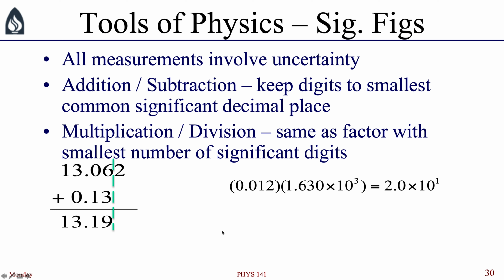On the other hand, if you are multiplying or dividing two numbers, then your answer should have the same number of significant digits as the smallest number of significant digits in any of the numbers that you're multiplying or dividing. So in this second example, we can see that we have this number, the 0.012, which has 2 significant digits, and this number, which has 4 significant digits.